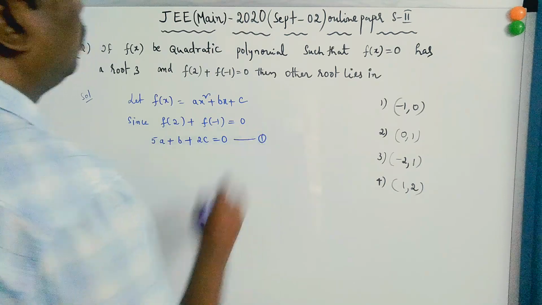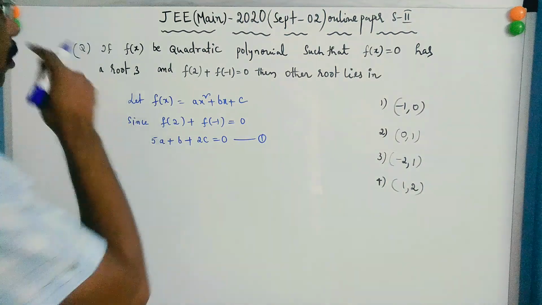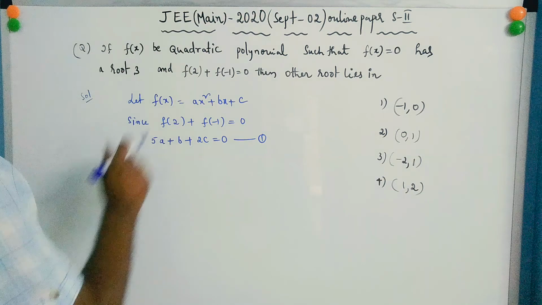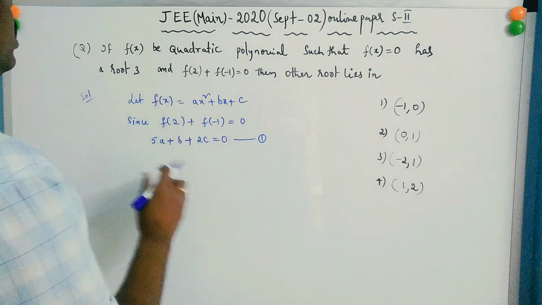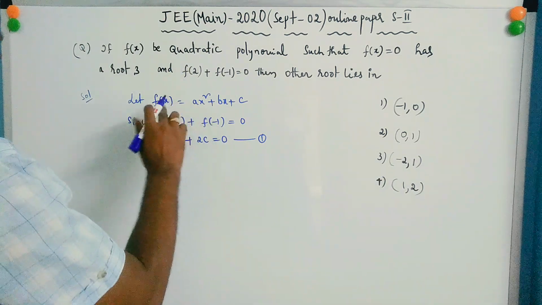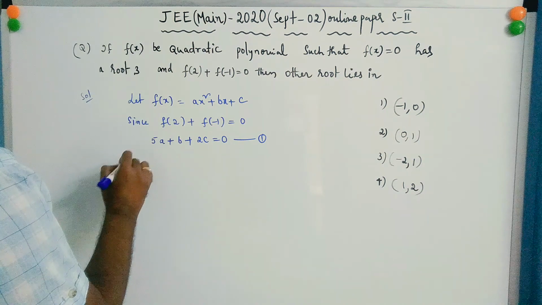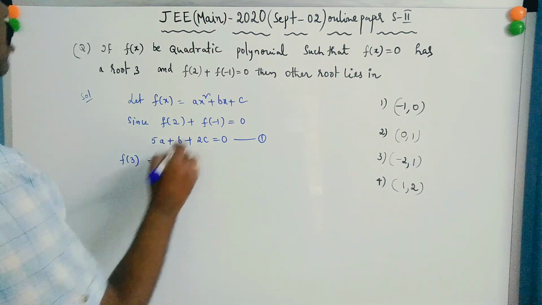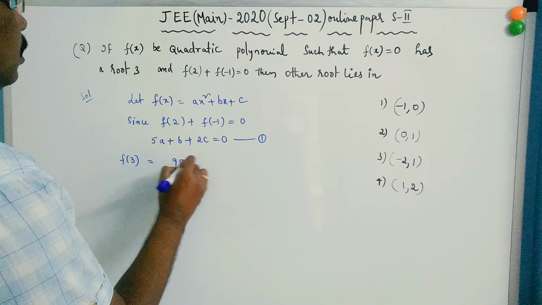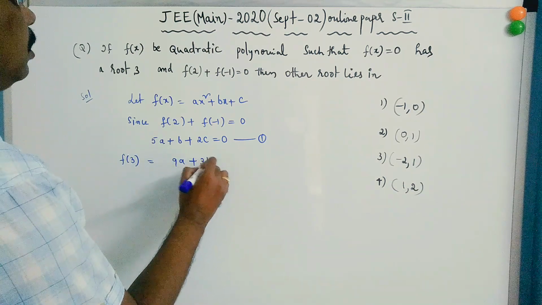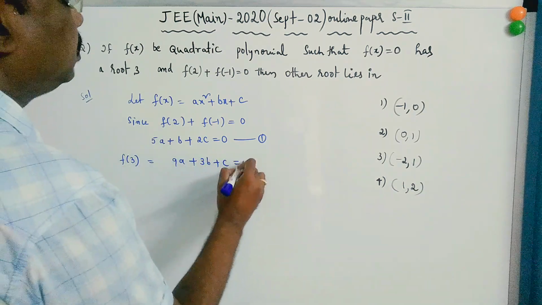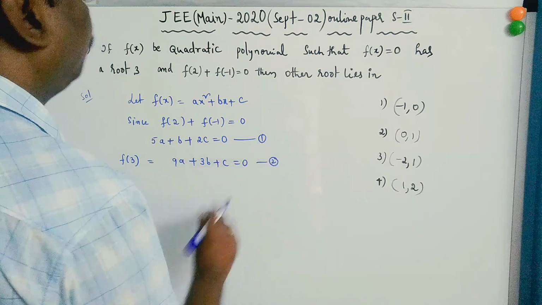Now equation 1. Okay, now one root is 3. 3 is a root of f of x. Now f of 3 is equal to 0, now 9a plus 3b plus c is equal to 0. Now equation 2.